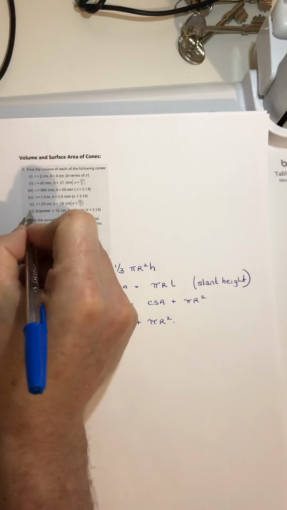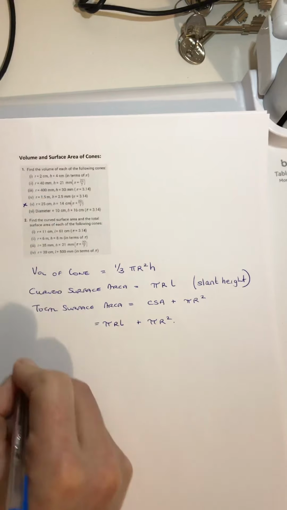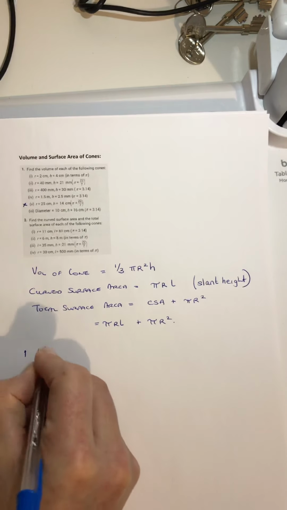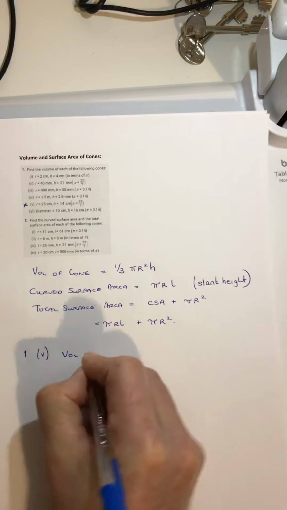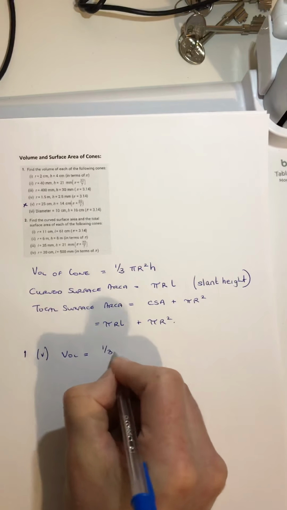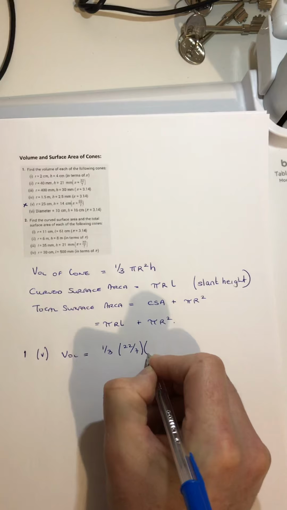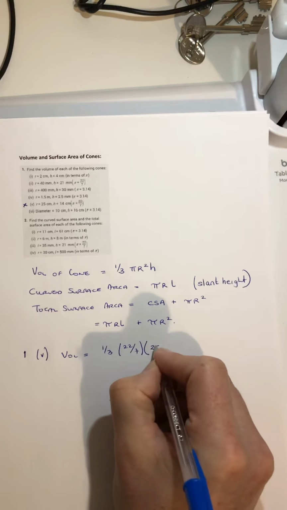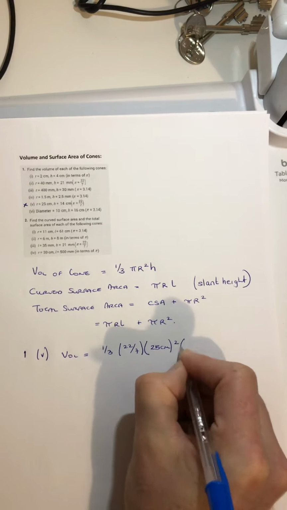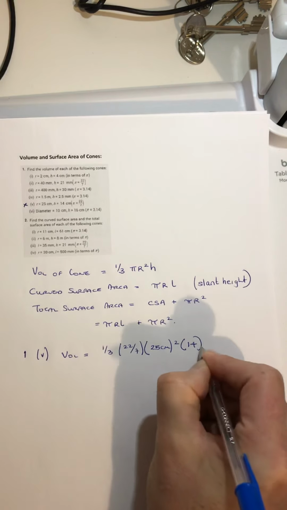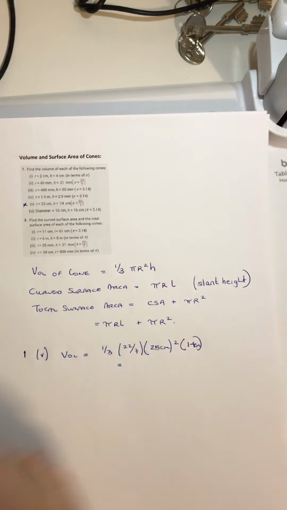So if we take question 1 part 5, the volume is equal to 1/3, pi is 22/7, the radius is 25 centimeters squared, and the height is 14 centimeters. So find the volume.